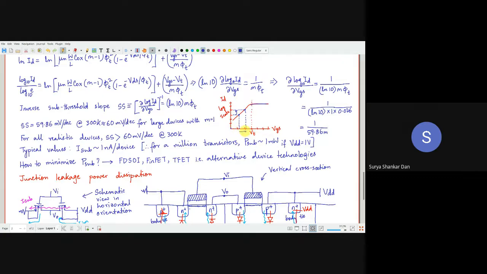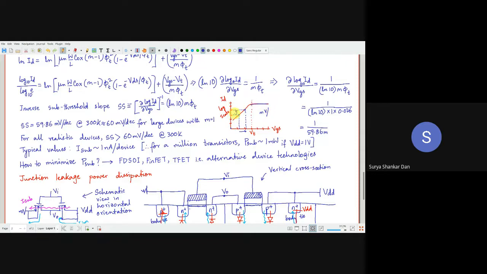You have to apply this much voltage to increase the current by one decade. So the inverse subthreshold slope has the unit of millivolts, remember, this much millivolt per decade.